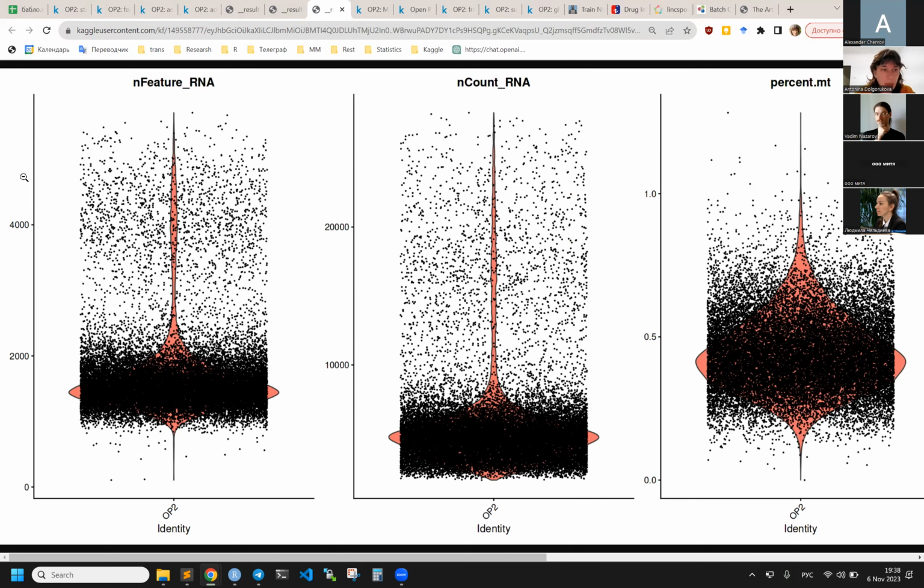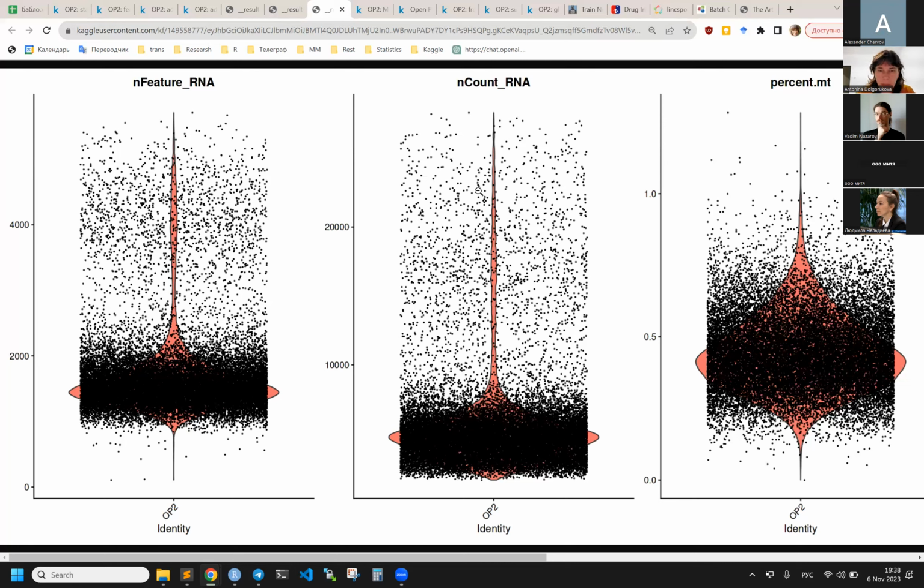See how the number of genes is distributed within each cell, and we can already see here a cluster above the main data with a very high amount of genes.